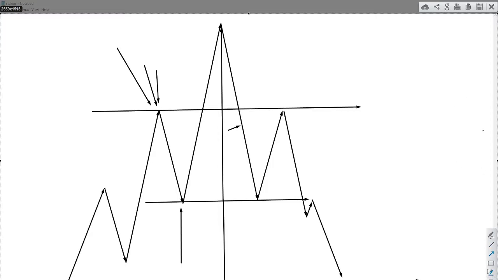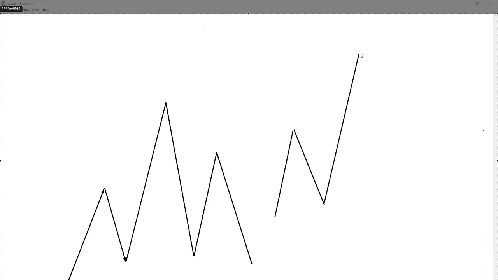It does not happen exactly the way we study in textbooks. A head and shoulder cannot look exactly like a perfect human being. It can be a little bit up, like this, or like this.